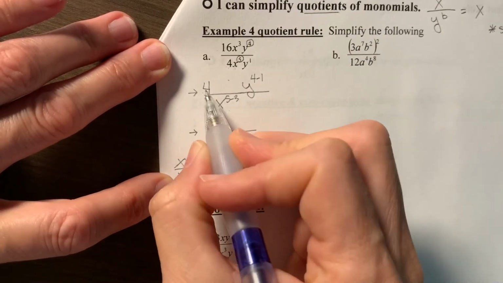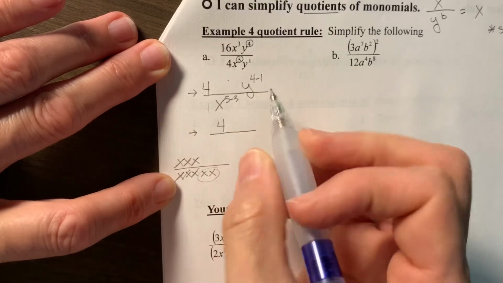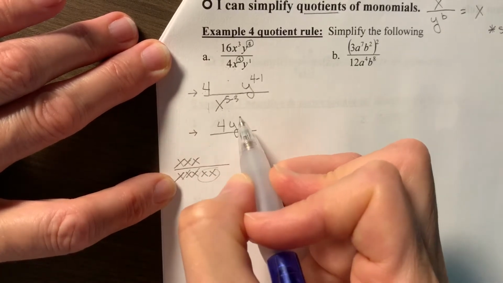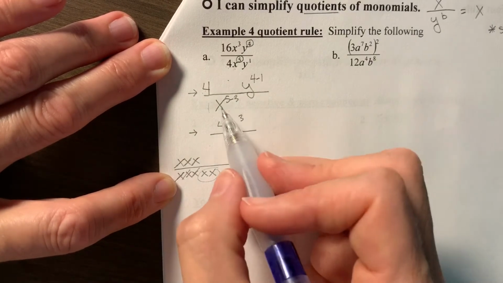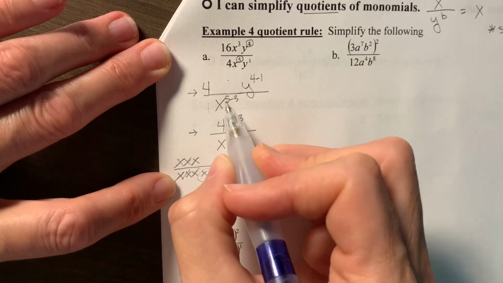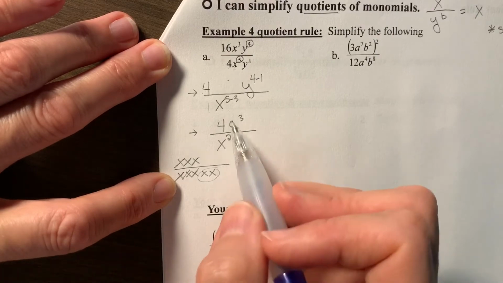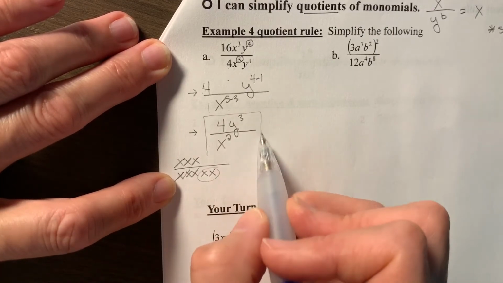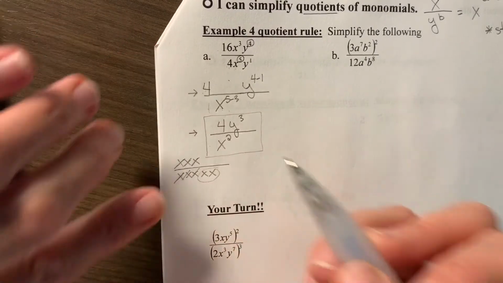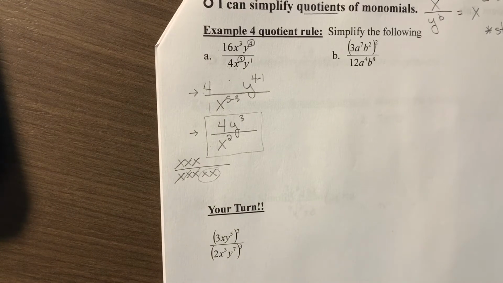Keep your fraction. 4 is on the top. Keep it there. This is going to become y to the third. Keep it on the top. And on the bottom, I'm going to have x to the 5 minus 3, x to the second power. There we go. I'm fully simplified. 1x, 1y, and my fraction or my coefficients are also simplified.